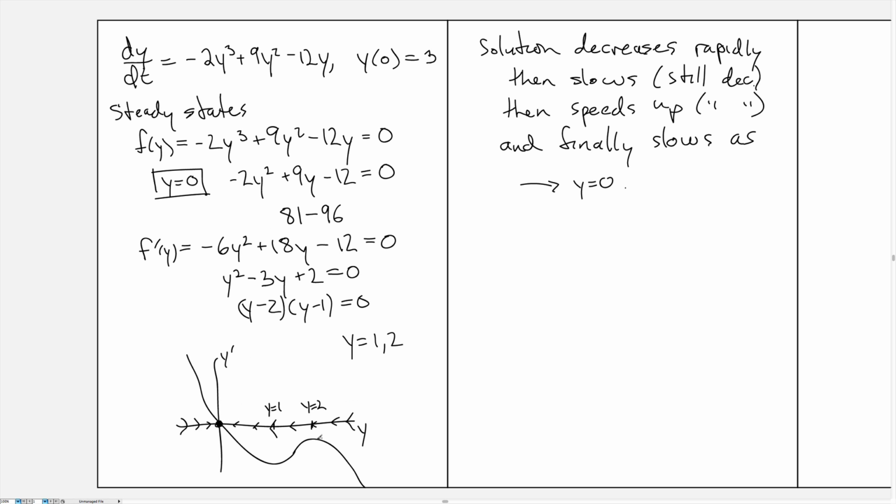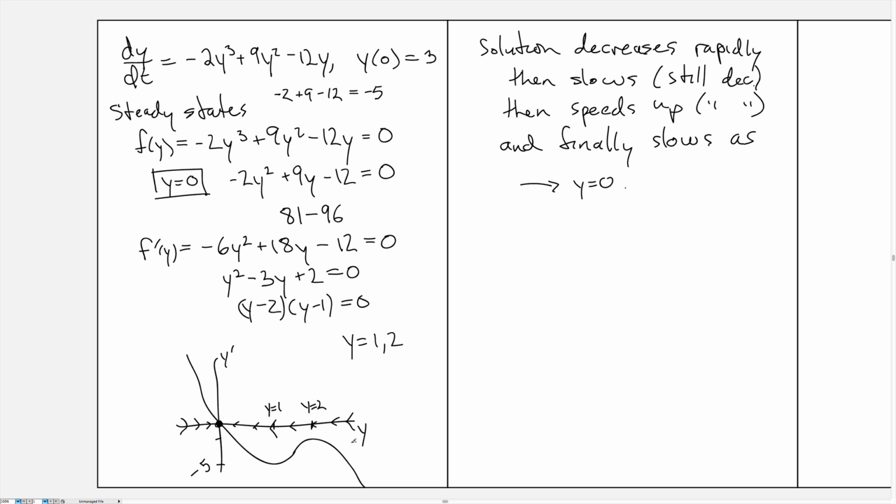So now that we know that these are two important spots, we should get a vertical height for these. And so what is y of 1? So I go back up here and I plug in 1 and I get minus 2 plus 9 minus 12. And so that's minus 14 plus 9 is minus 5. So the slope at 1 should be minus 5.